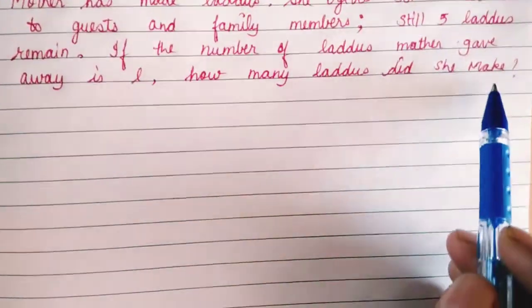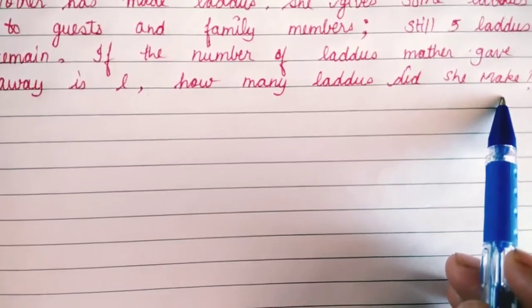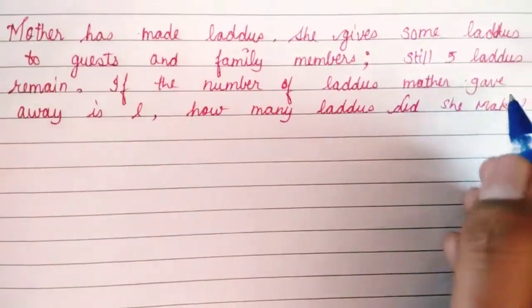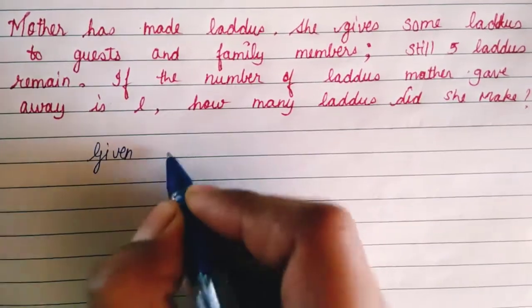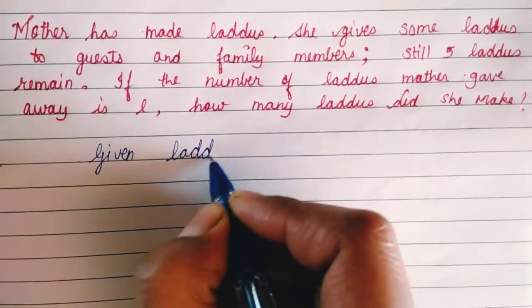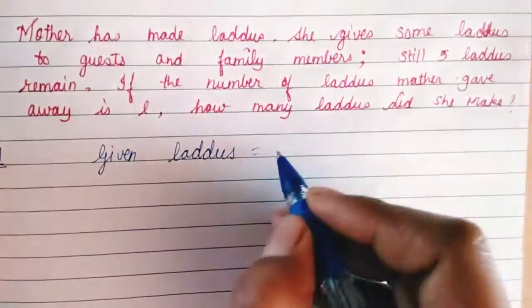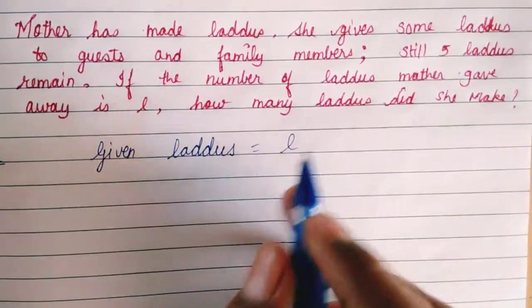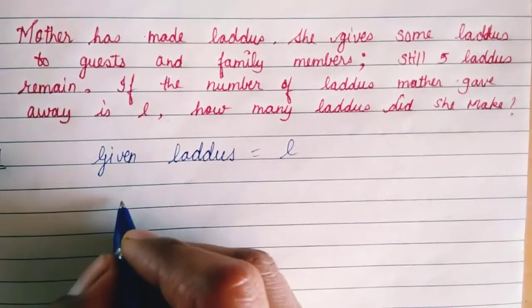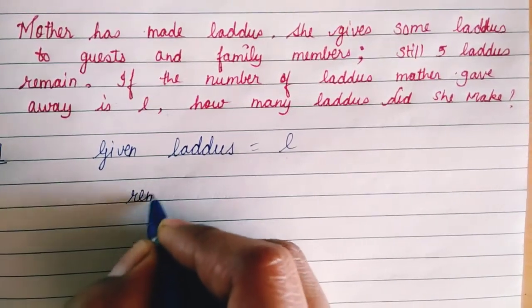So the given-away laddus are L, as already given in the question. Whatever number of laddus the mother gave is L. And how many are remaining?